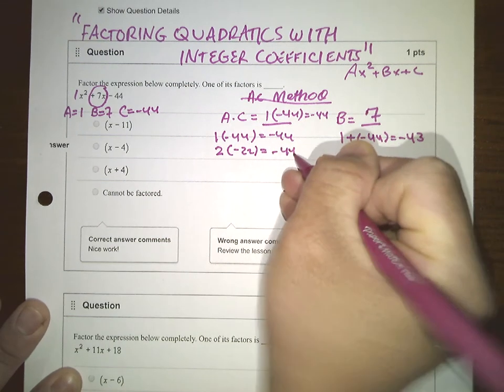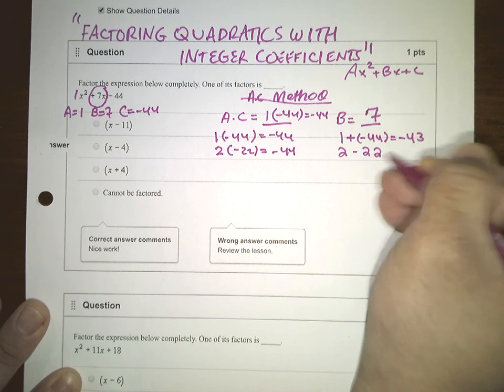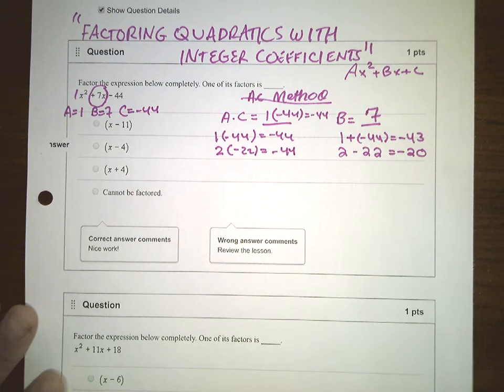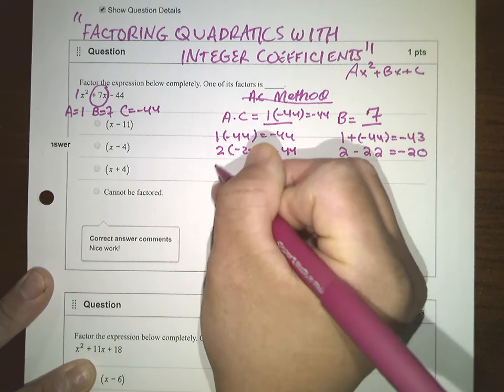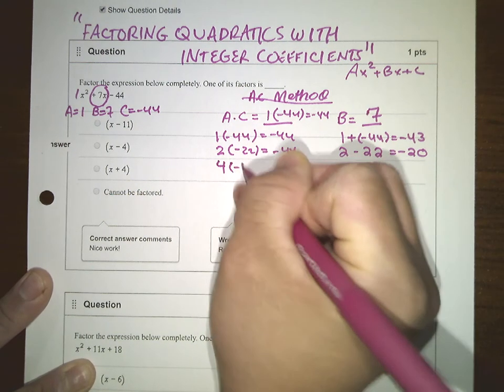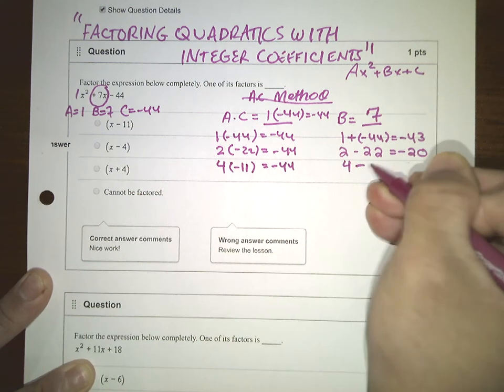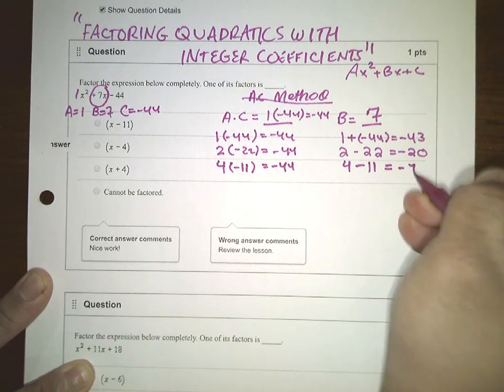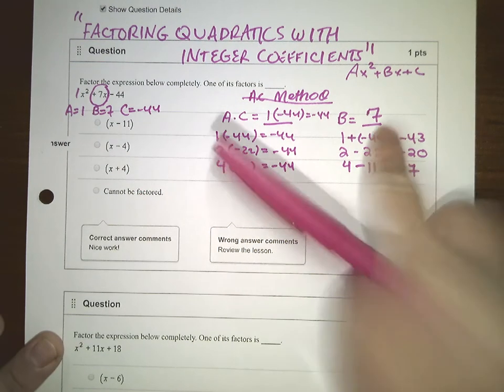That's negative 44. But 2 minus 22 is negative 20. So that is not it either. And then let's say we did 4 times negative 11. That's negative 44. But 4 minus 11 would be negative 7. So I know that I'm close now because that's negative 7, but I should have 7.